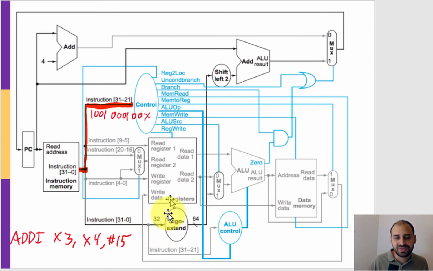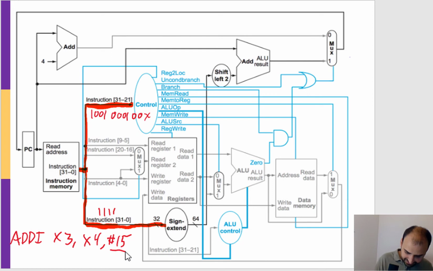It's coming through what's referred to as the sign extender. So we're going to run this down through here, and this is going to contain our immediate field 15.